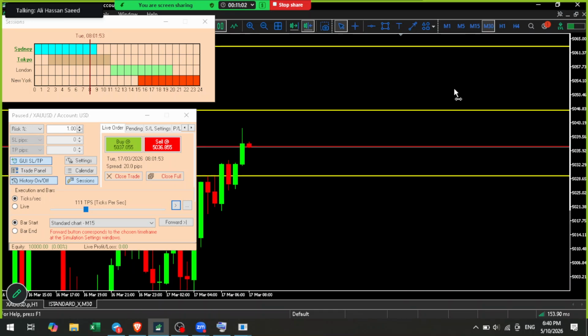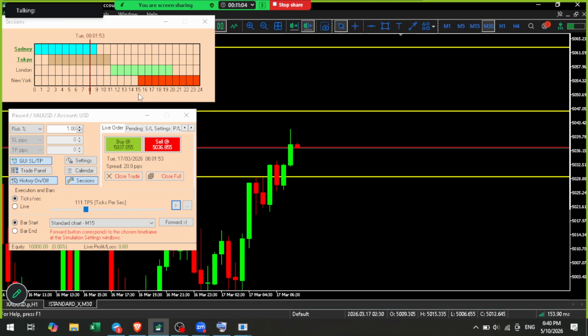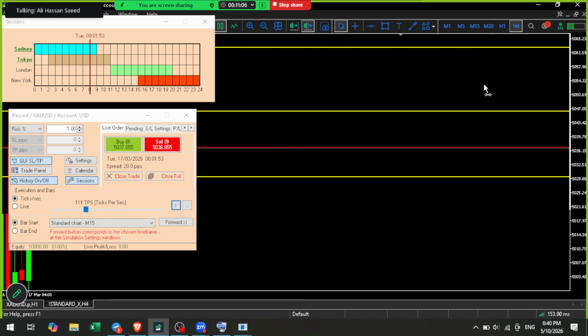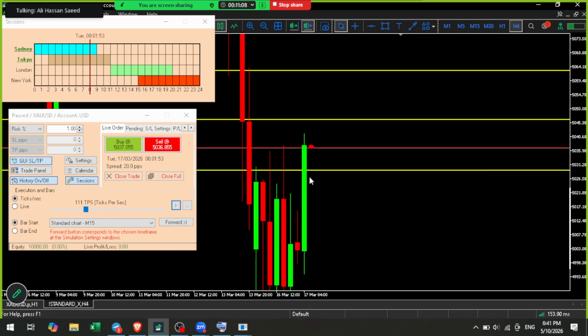The .30 just closed, and so is our 4 hour. 4 hour closed fully bullish.